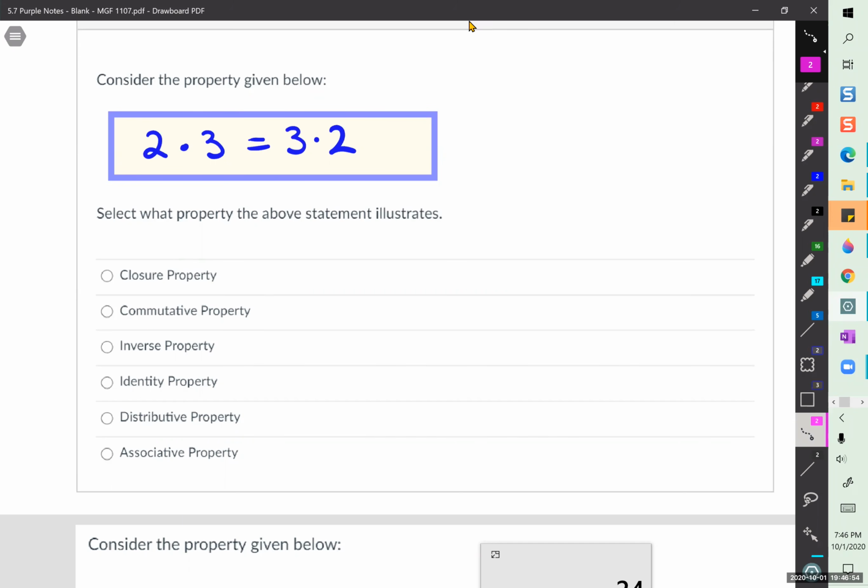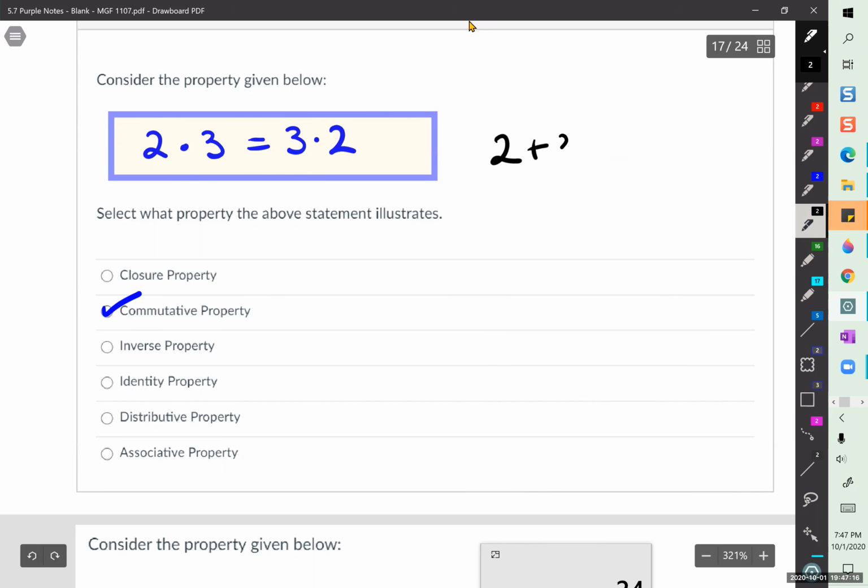That's the idea of the commutative property. 2 times 3 should be the same as 3 times 2, right? You can switch the order of the operation. So this illustrates the commutative property. Another example of the commutative property that I could have written out, this is for multiplication, but for addition, couldn't I have said 2 plus 3 is the same as 3 plus 2?